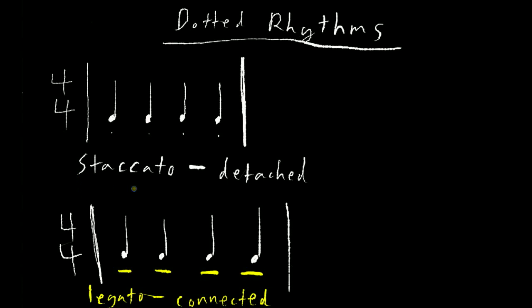And I just wanted to show this to you because this is one of the types of dots that we'll see. And one of the things I do want to say about staccato is staccato doesn't affect anything about the value of this eighth note. Yes, we're playing this eighth note and all these eighth notes detached. It changes a little bit of how we would play it, but it doesn't change the value of the note.